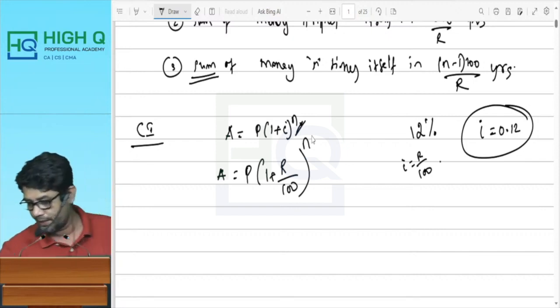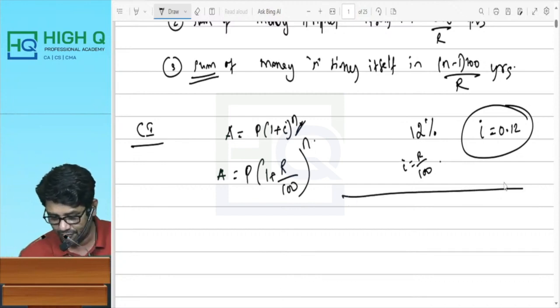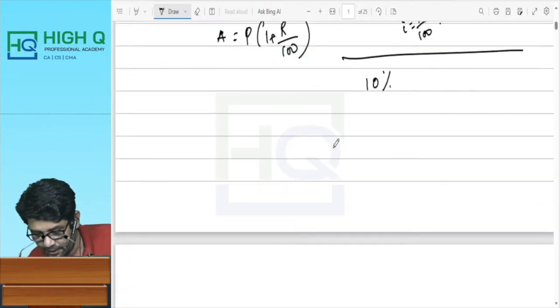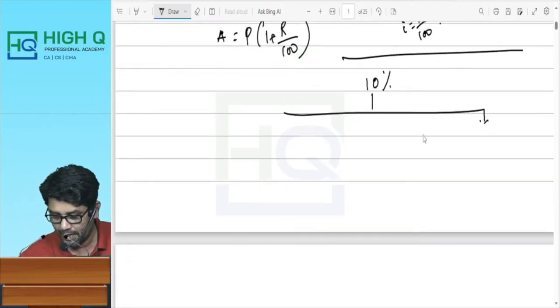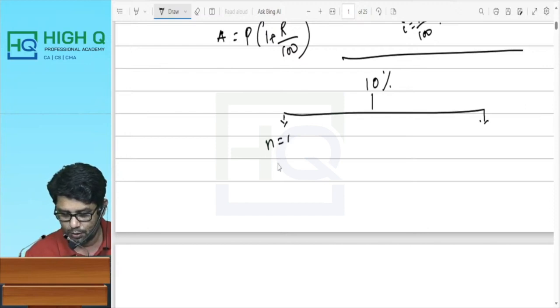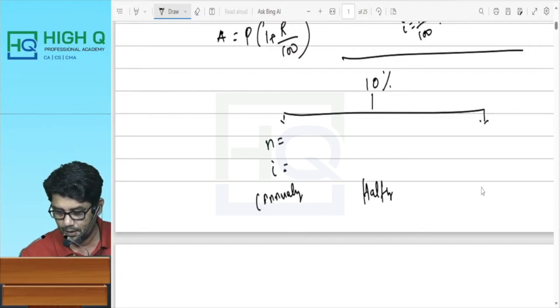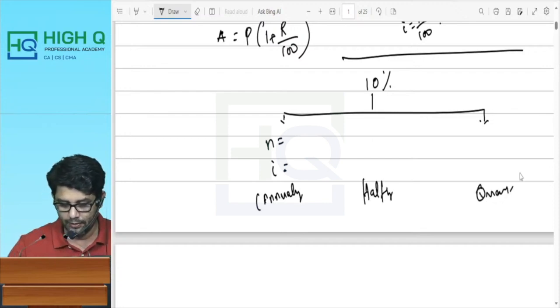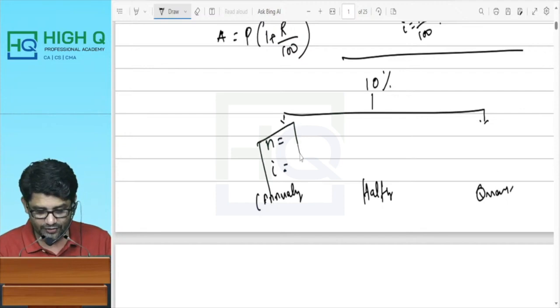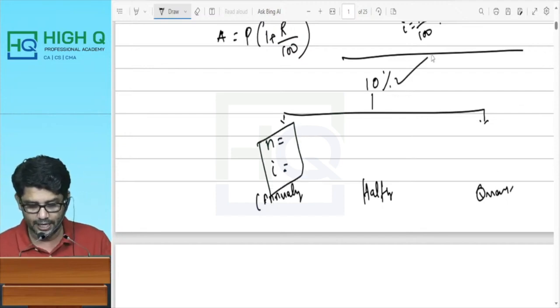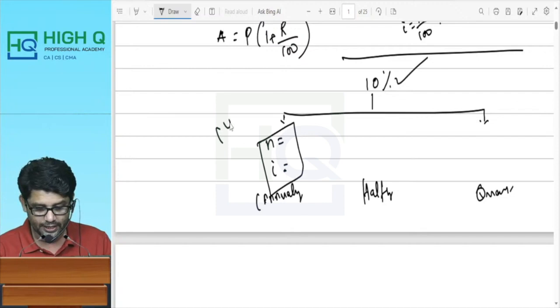Now look at this, my dear. I want you to give me the answer for this. For example, if 10% is given, I want you to give me the value of n and I for annually, for half yearly, for quarterly. One by one: what is the value of n and I when it comes to 10% annually for 1 year?